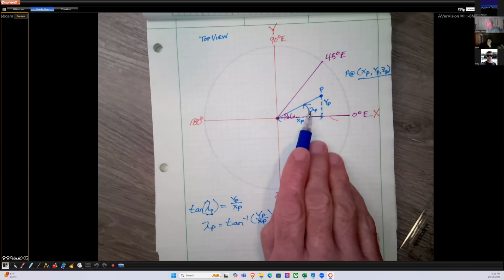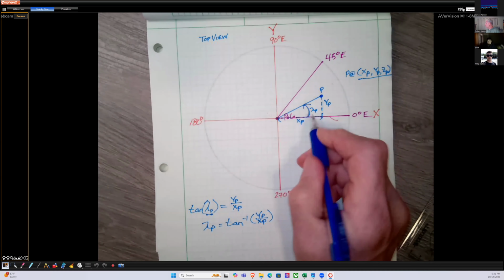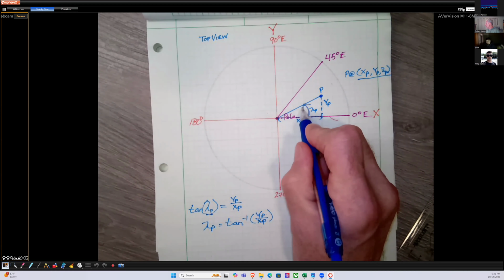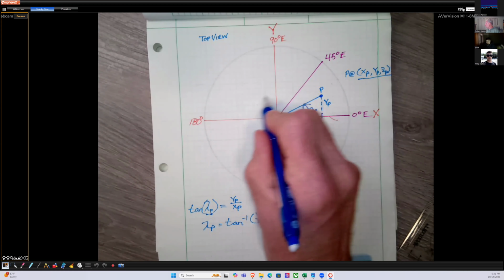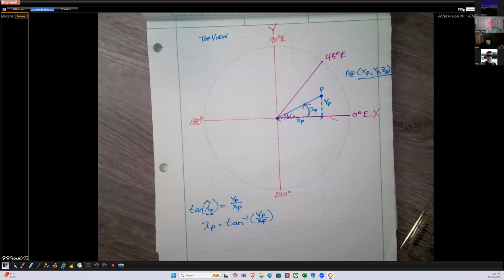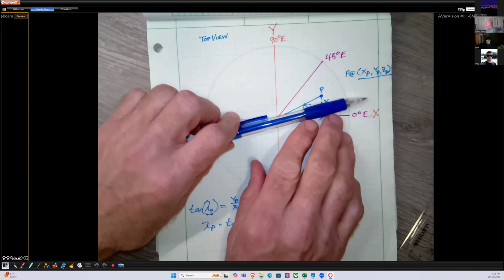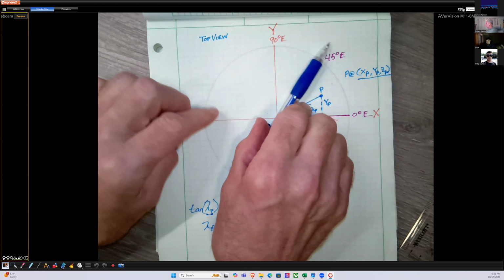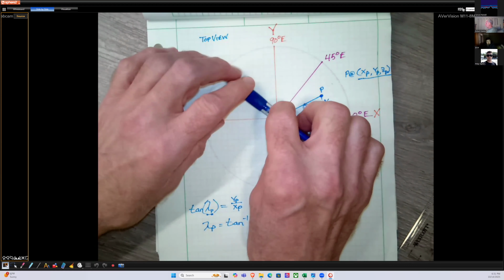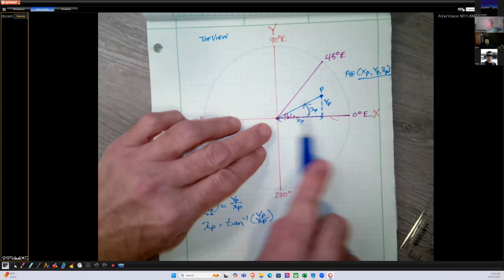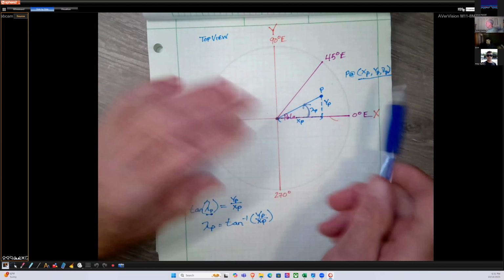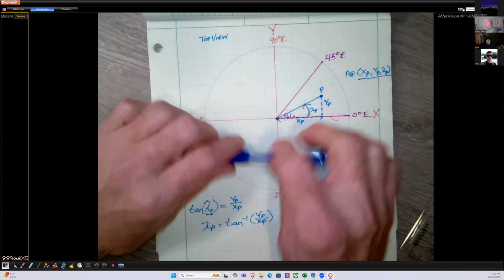It will return a positive lambda, because it's positive as we go counterclockwise. We're working with east longitude, which means our dial is going counterclockwise. We measure everything to the east, or east longitude, off of this x-axis.